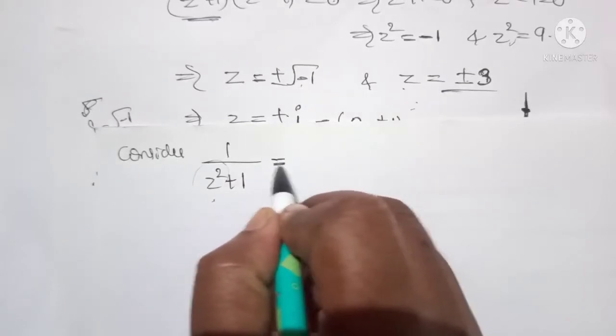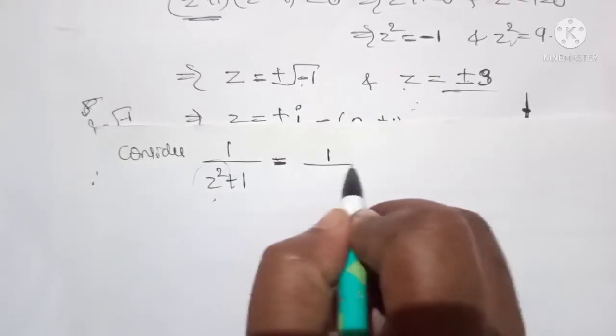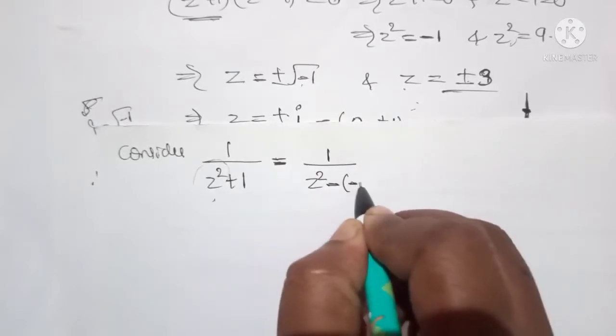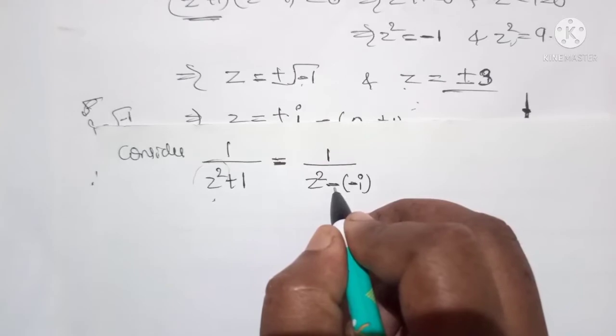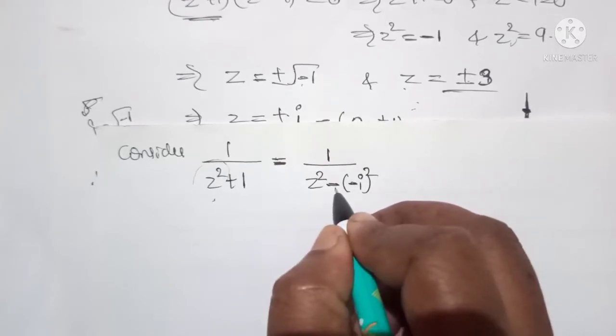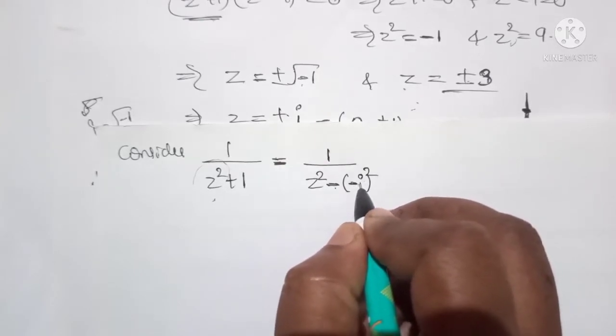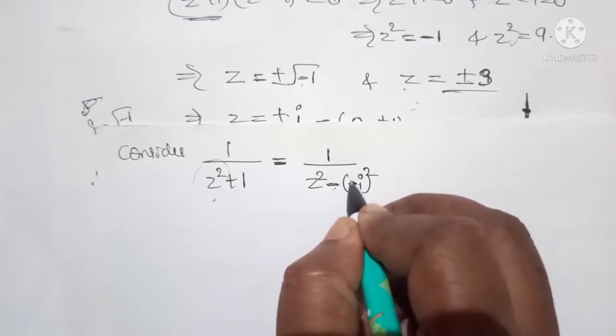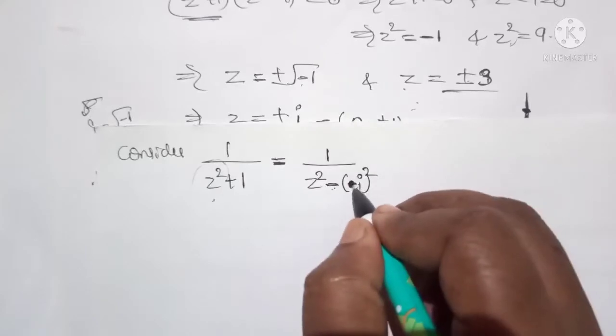We can write it as z square minus of minus i square. So here we get i square, and i square value is minus 1, so minus into minus you will get plus.